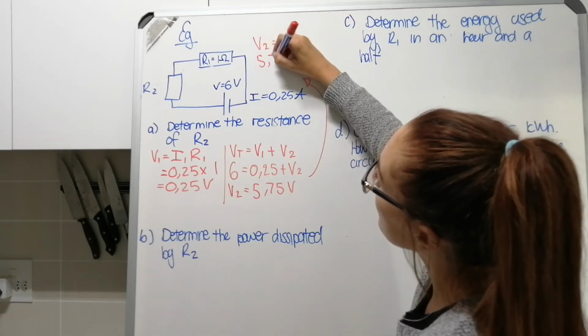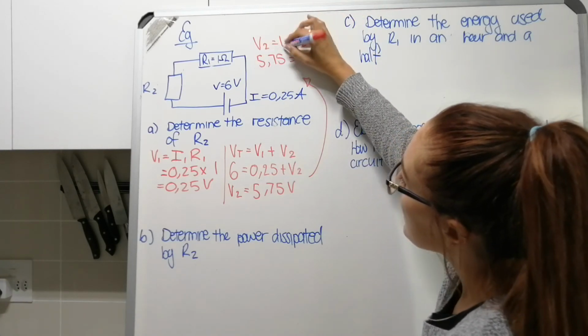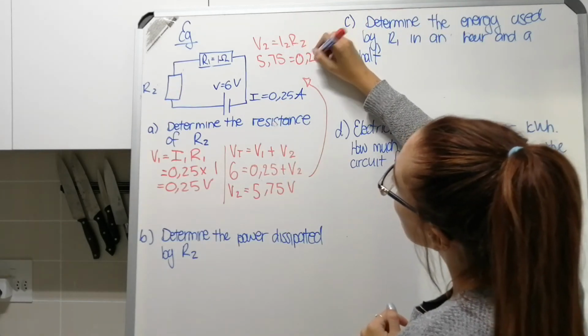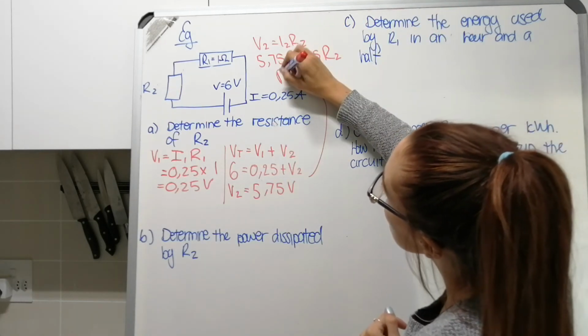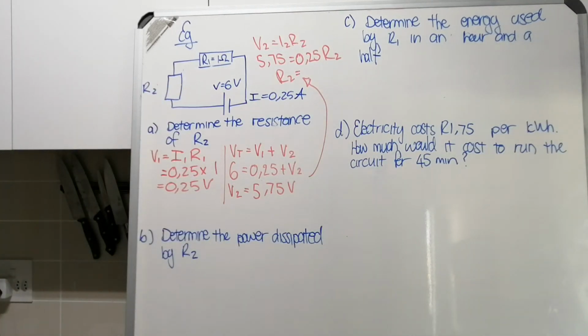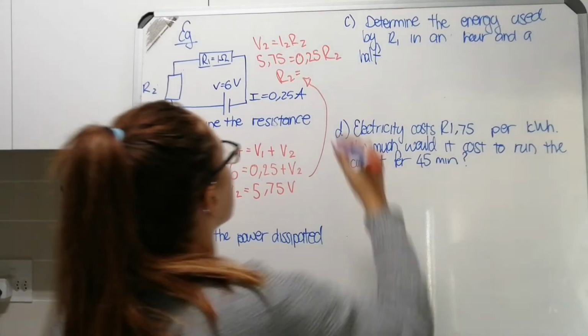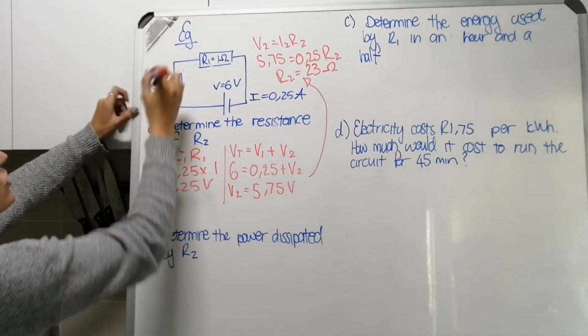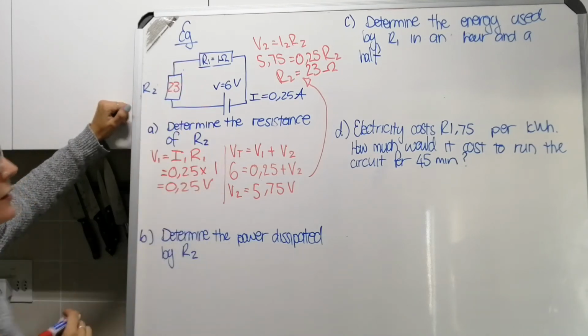So we've got 5.75 equals the current through resistor 2, 0.25, times the resistance, and we get that R2 is equal to 23 ohms. So we have R2, that is 23.